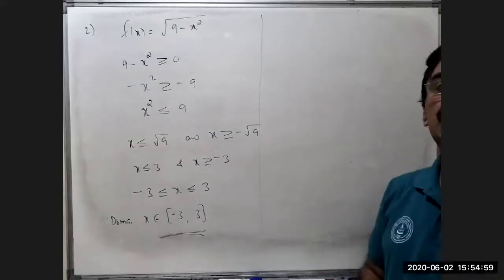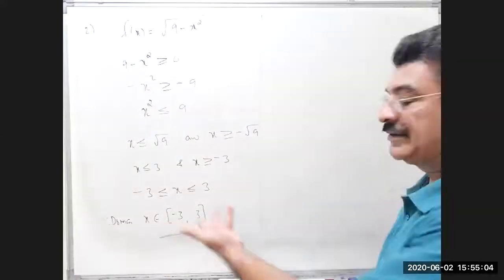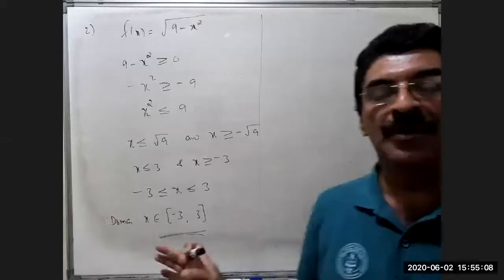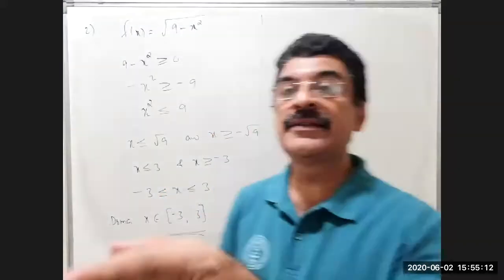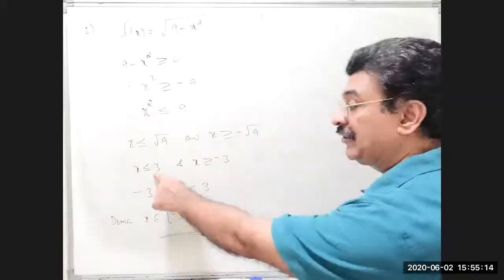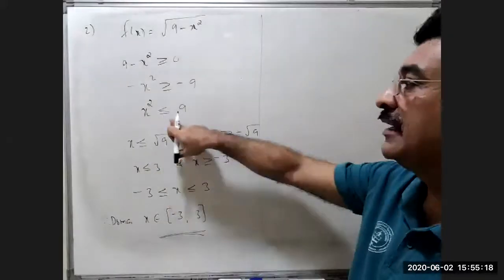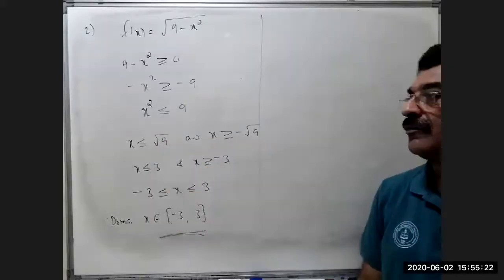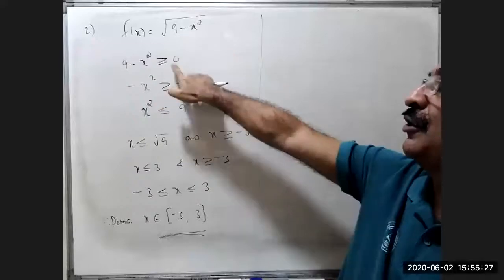One of you wrote also x belongs to. If x belongs to minus 3 and 3, it belongs to R. We are talking about only real numbers. No, minus 3 less than x less than 3 is wrong. It can be less than or equal to 3. 3 is possible, because x squared less than or equal to 9 means less than or equal to 3. So 9 minus x squared is greater than or equal to 0.